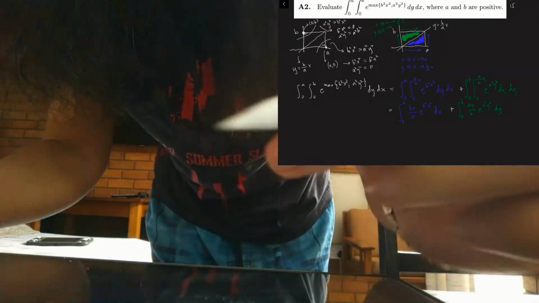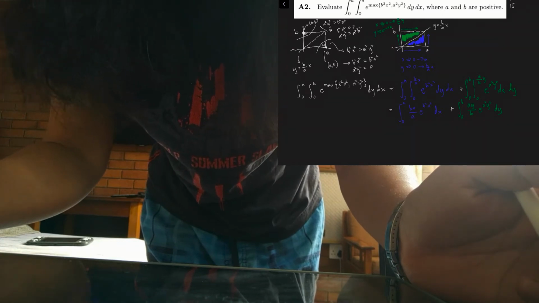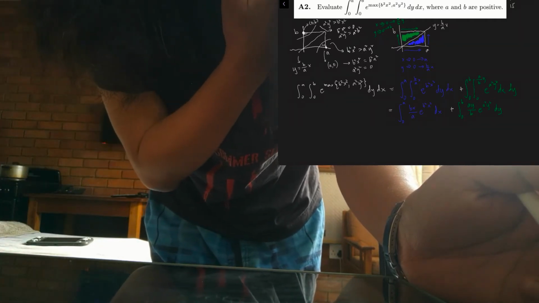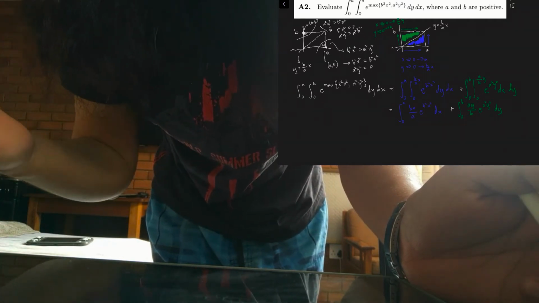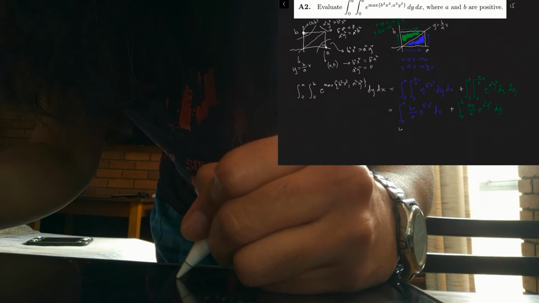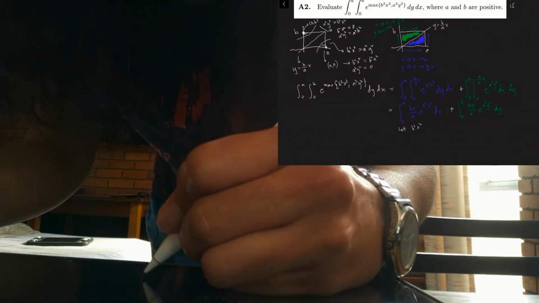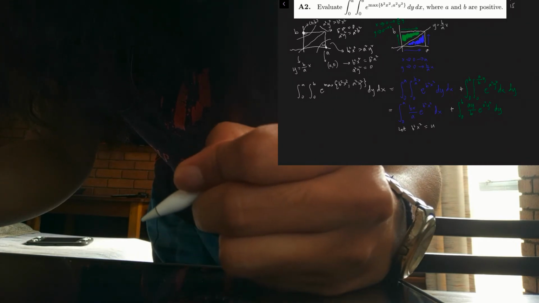Okay, and then here we can do some substitutions, because look, you have a coefficient of x and then you have e to the some constant times x squared. So when you take the derivative of that, you get a derivative that is proportional to x dx, because you have an x already as the coefficient of your exponential. So that implies that we can let b squared x squared equal u.